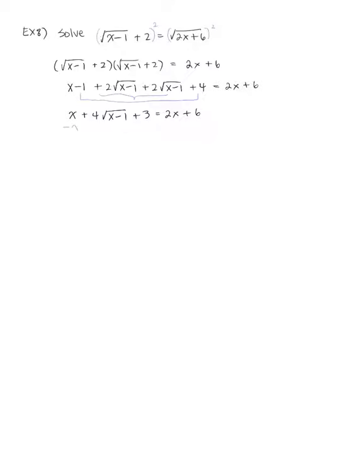So let's subtract x. Then we have 4 square root of x minus 1 plus 3 equals just x plus 6. Subtracting by 3. So we got 4 square root of x minus 1 equals x plus 3.